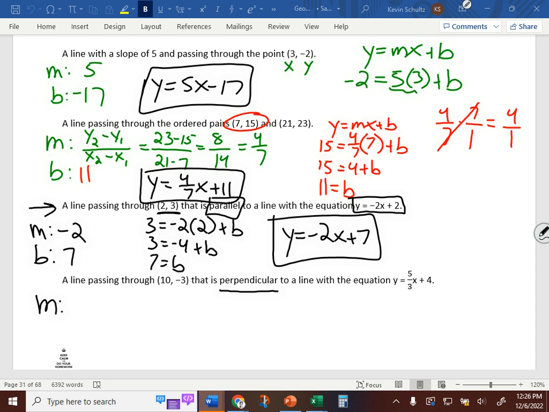She says with gusto, negative 3/5. How do we find b? Aiden, plug in the x and y from the given ordered pair, just like we did before. That ordered pair that's a part of our line, that's a value for x and a value for y.